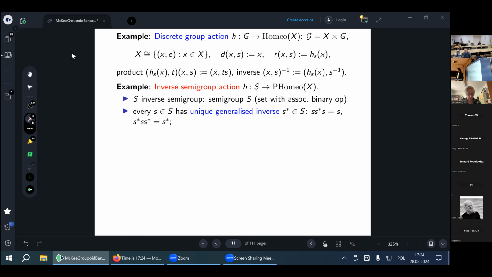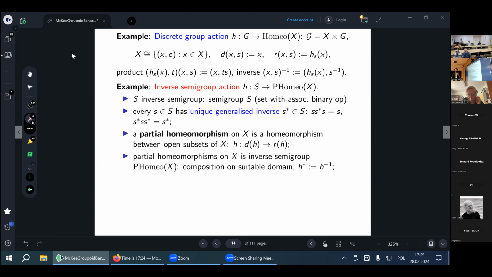And when we come to represent inverse semigroups somewhere, we'll want to represent the elements of S as some kind of partial isometry. But that will come later.